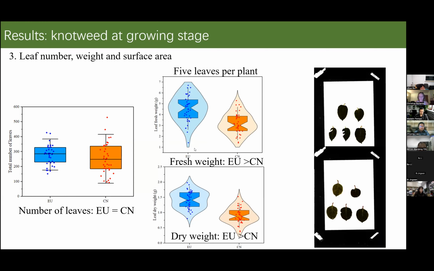But the European leaf fresh weight and dry weight are heavier than the Chinese population. This is very significant. We also scanned leaves, but my student didn't give me this data. They forgot to calculate the areas. Maybe we will finish it soon.